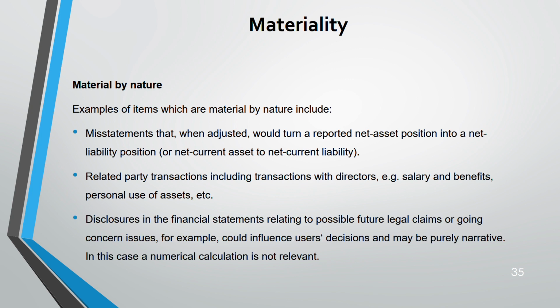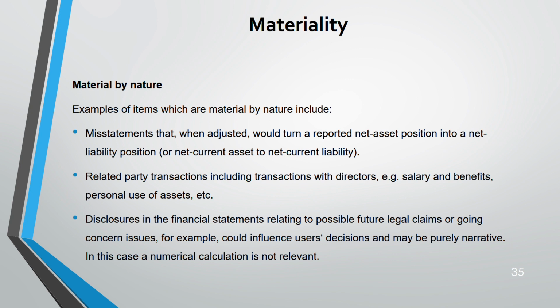And disclosure in financial statements regarding possible future litigations or going concern issues is material by nature. Remember, in this condition, numerical calculation is not relevant. You might say in terms of revenue, it's not material if you go by the calculation, or by pre-tax profit, or by asset. But by nature, going concern issues and future legal claims are material. So you have to take care of it.